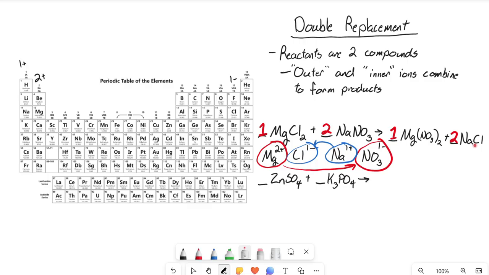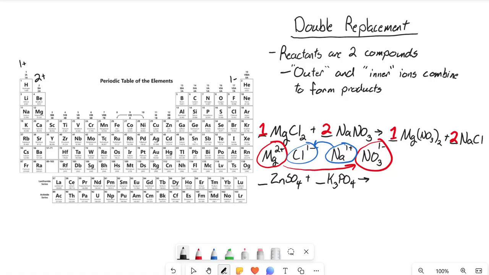Now, this little trick works regardless of the reaction in question. Any double replacement reaction can have its products predicted by using this outer inner method.